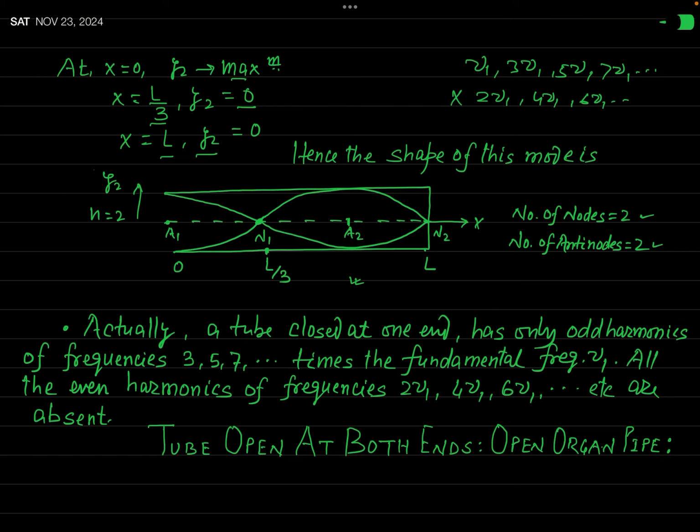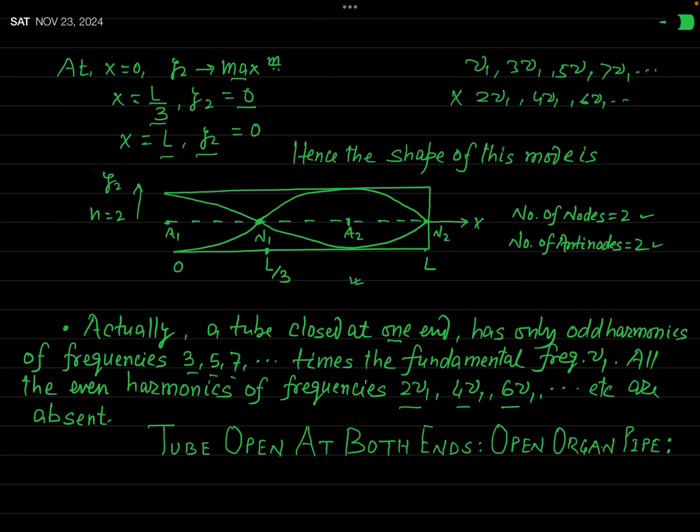They are not present. So you can say that when the tube is closed at one end and open at the other end, then it has only odd harmonics of frequencies 3, 5, 7 times the fundamental frequency. And all the even harmonics of frequency like 2 nu 1, 4 nu 1, 6 nu 1, 8 nu 1, and so on are absent.